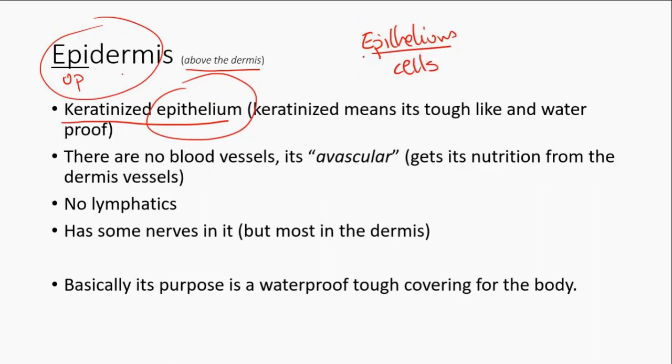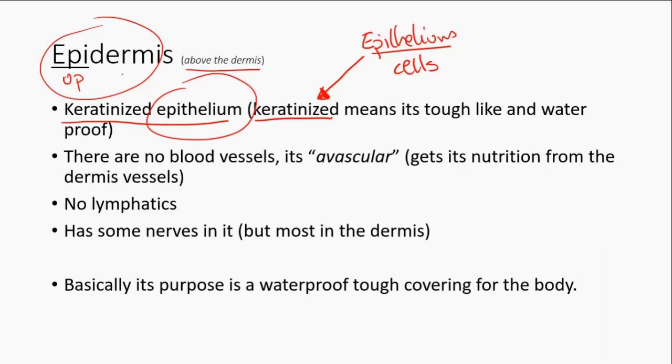And this type of epithelium, these type of cells, they're essentially keratinized. It basically means that they're a tough, waterproof layer.